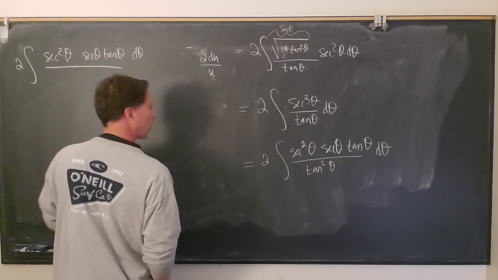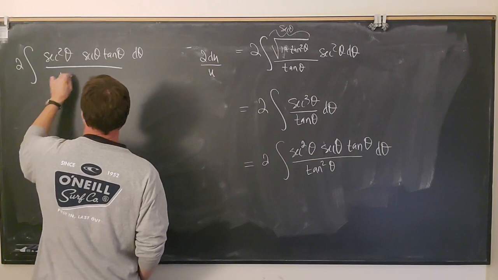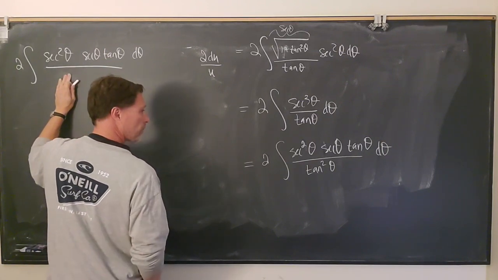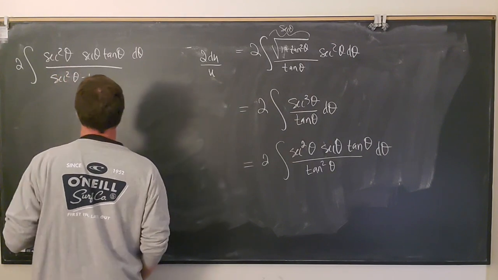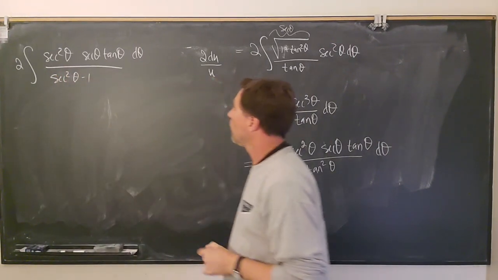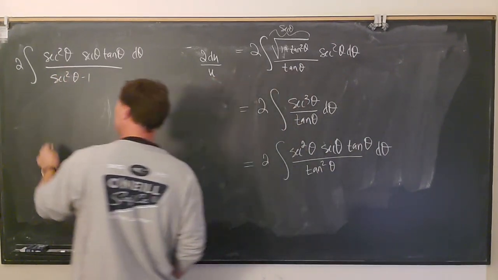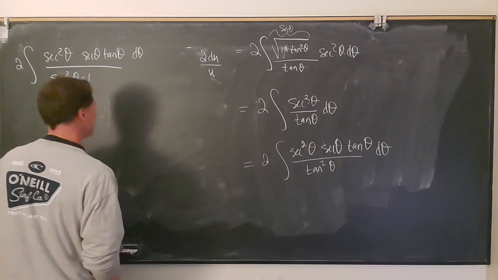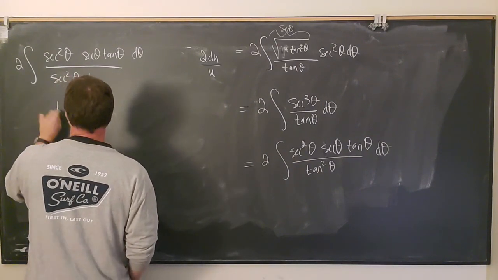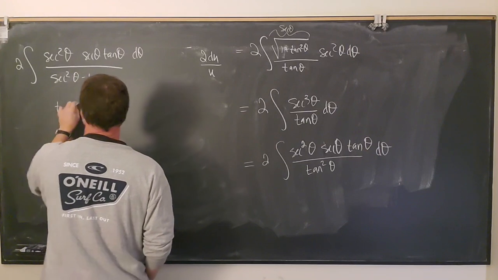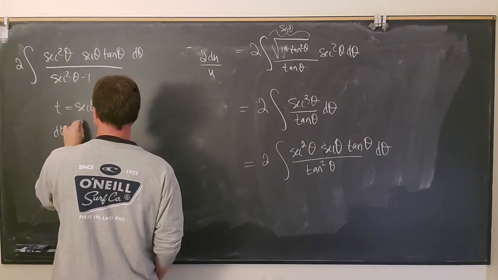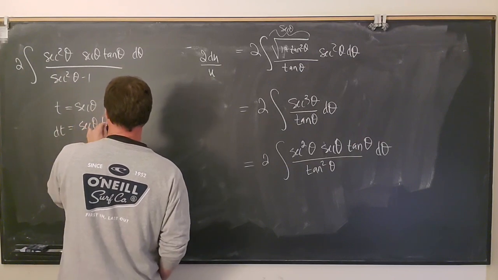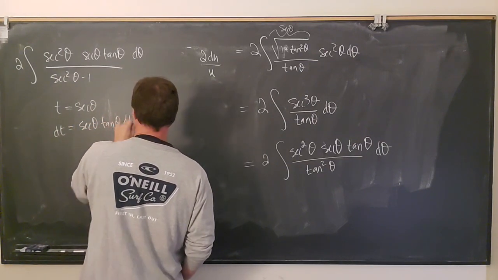And in the denominator, then this will be a secant squared theta minus 1. Right, now we're in position to do substitution where, I guess I already used u, so let's use a t. t equals secant theta. dt equals secant theta tangent theta d theta.